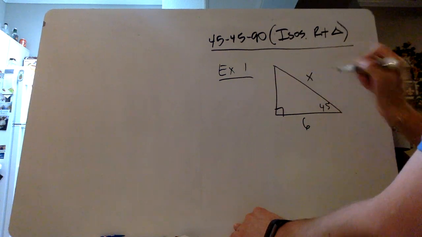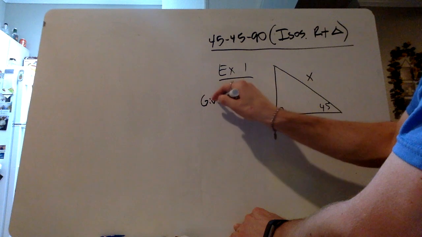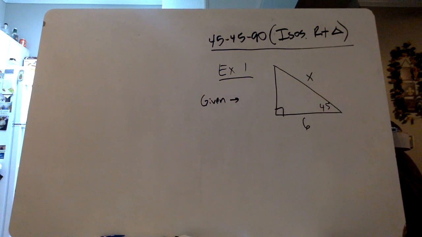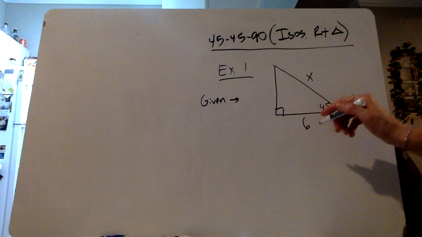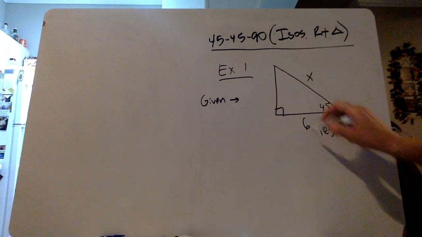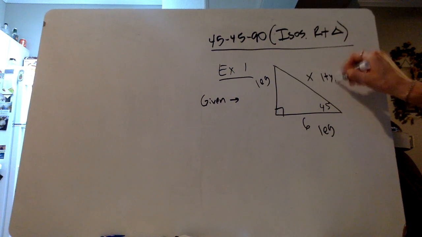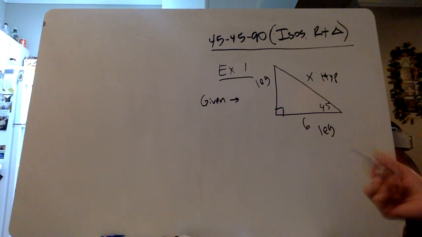This is x. What are we given? We are given a leg, right? As a refresher, we already know this, we did this in the last lesson. That's a leg, and this is the hypotenuse. So you are given the leg, right? The leg is 6.